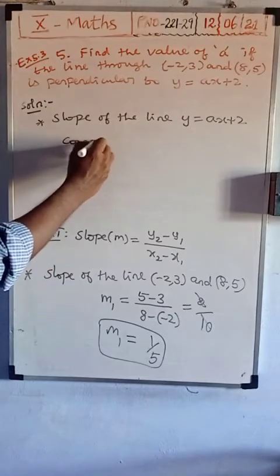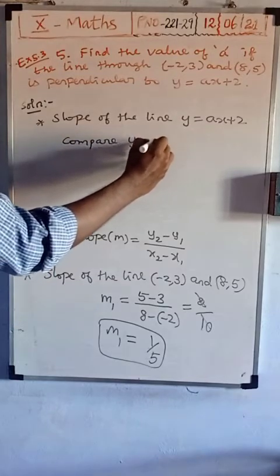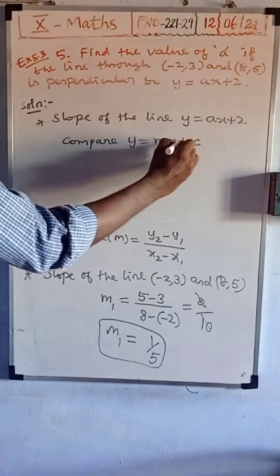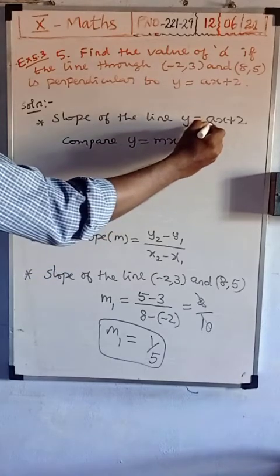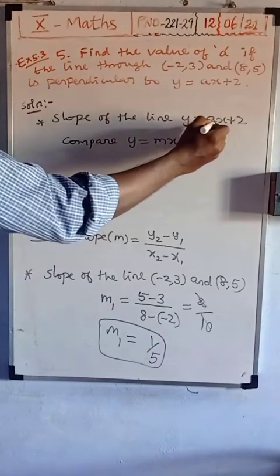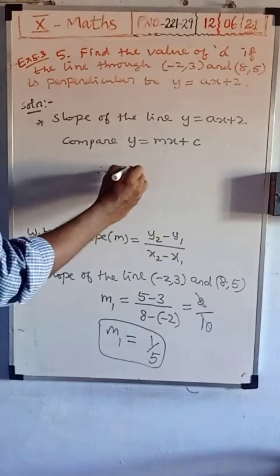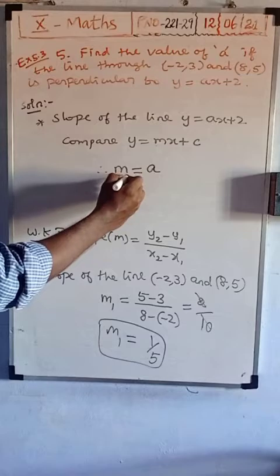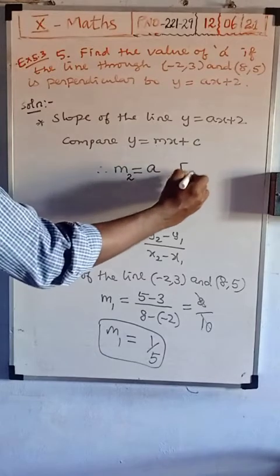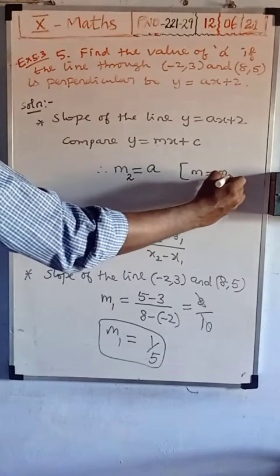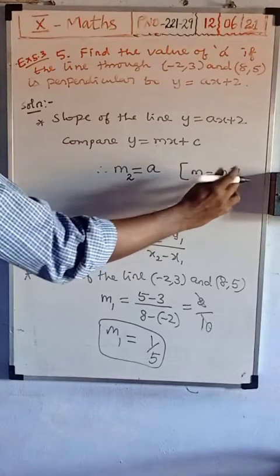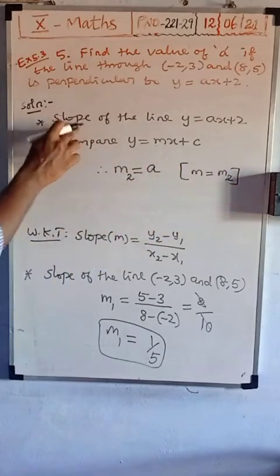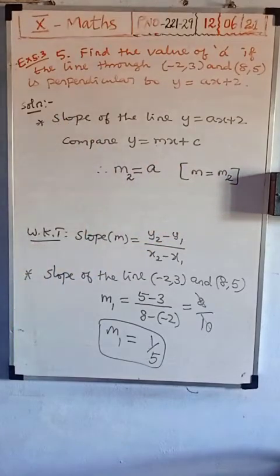Compare with y is equal to mx plus c. Okay, then here, instead of slope m, a is there. Therefore m is equal to a. So m you consider as m2. m2 is equal to a. Okay, consider the slope. This is the second line, so that m2 value is a.